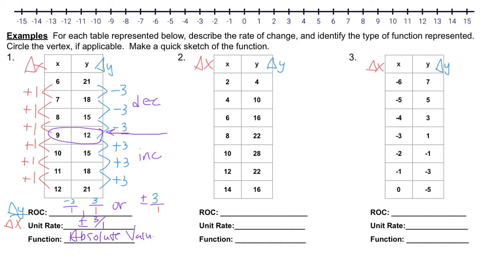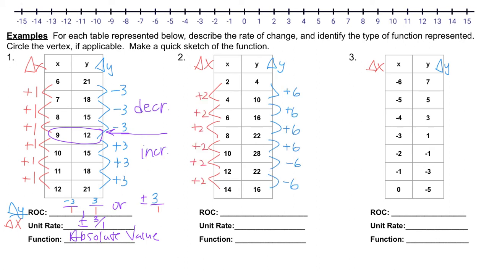Let's take a look at the second one. We're going to do the same thing. You are going to do the change in x and the change in y. You can see that the change in x is increasing by 2 throughout the table.